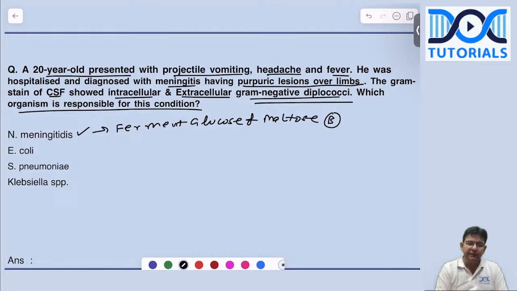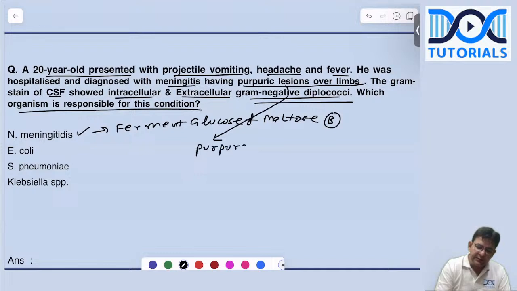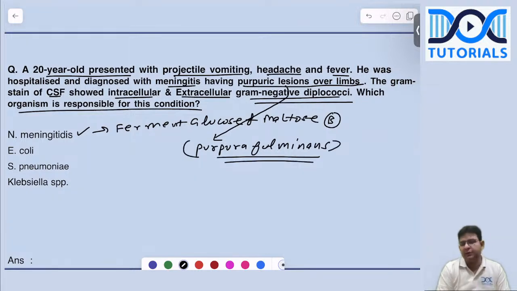Very right. And these lesions over the limbs show that this individual has gone into what? Purpura fulminans. And purpura fulminans has these purpuric-petechial lesions along with a shock-like condition. That is Waterhouse-Friderichsen syndrome.